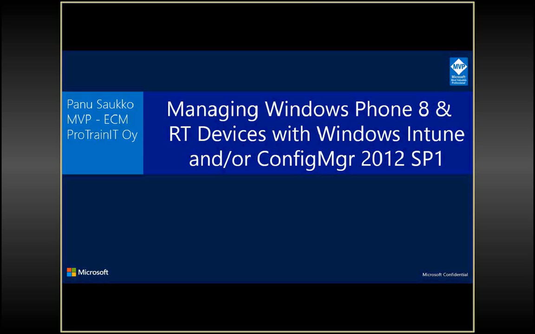So I suppose we should get started with the daily topic. We will cover Windows Phone and RT device management with Microsoft technologies, and we have different options to do that.